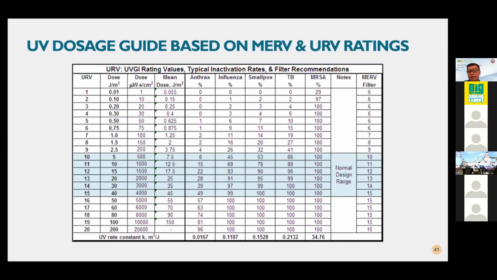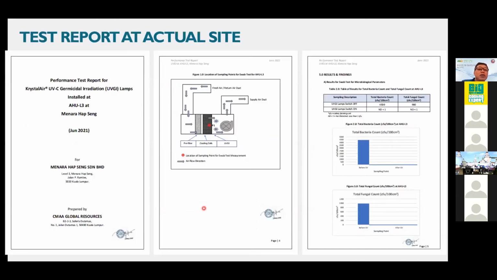Performance. Okay, so this is some of the test report done by our company. This is our customer, Menara Hapseng. This is the cooling coil. This is the lamp, and this is the blower. Return air comes in, mixes with fresh air, then there is a filter here.